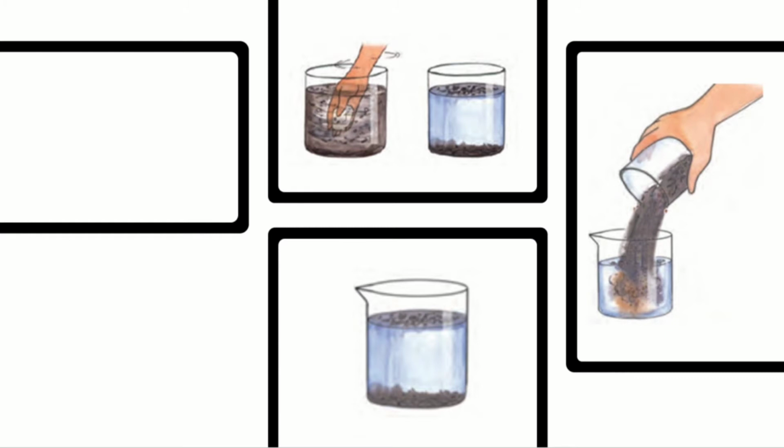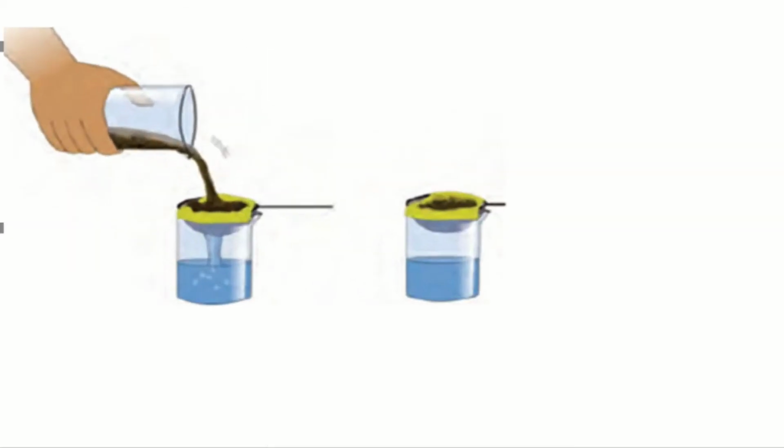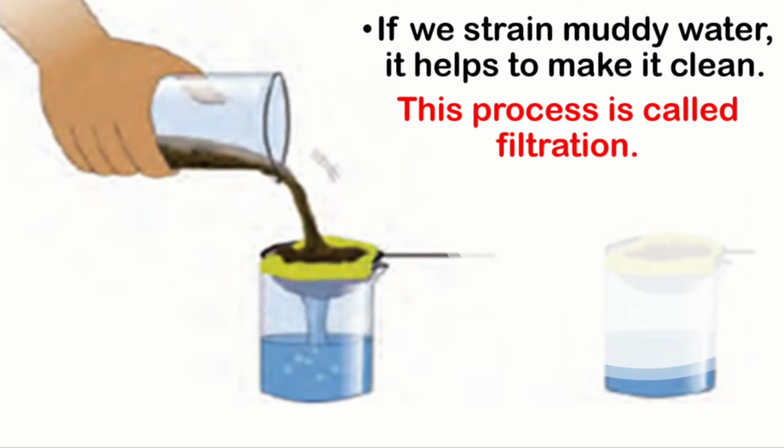But still there are a few particles left floating on top. So for that, you need to take a tea strainer. When you pour the water on the strainer and strain the water, the mud particles are separated and we get clean water. If we strain muddy water, it helps to make it clean.